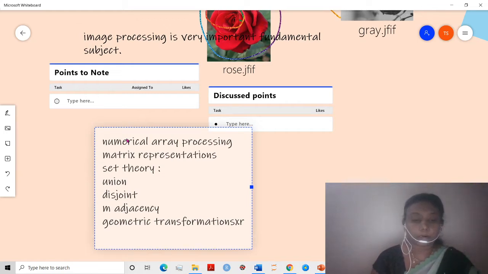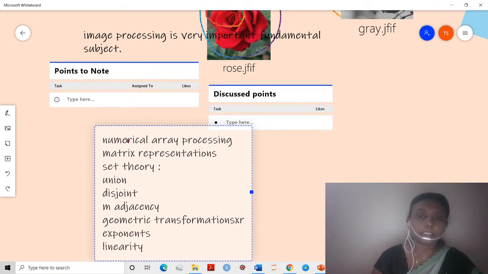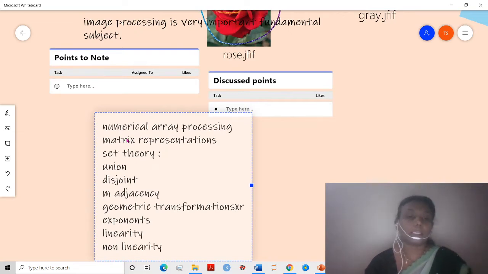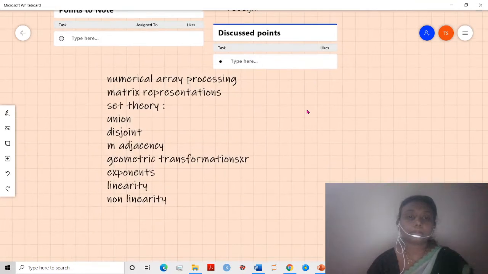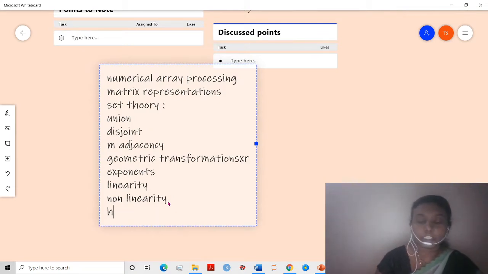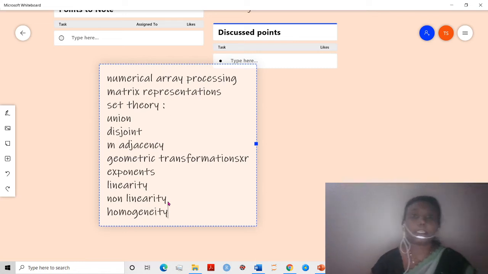And here you also need the knowledge about linearity and also non-linearity. We also need knowledge of homogeneity; in the set theory you will get this topic.